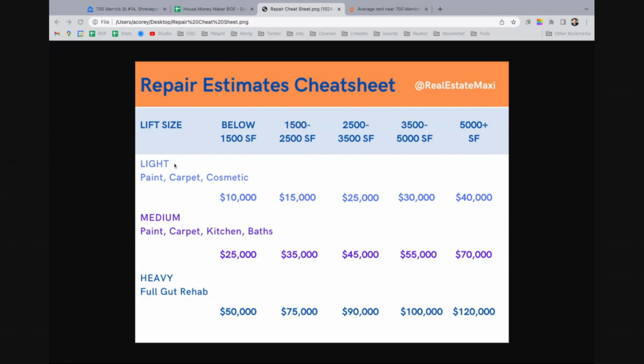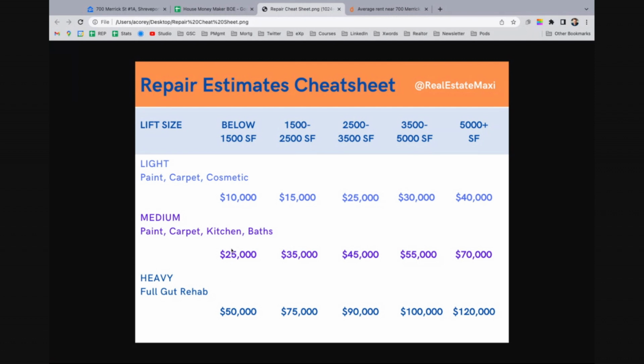So a light lift, what's the light side? Light lift is just paint, carpet, cosmetics. That's going to be $10,000 to renovate on average. Back of the envelope, that's all that we're doing. If it's medium, paint, carpet, kitchen, bath, this one is that, right? It's going to need definitely one kitchen. It doesn't need to be full replacement of the baths.